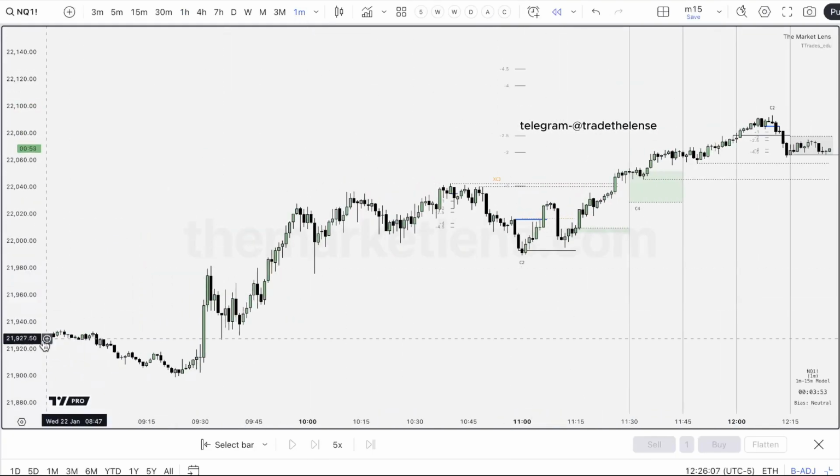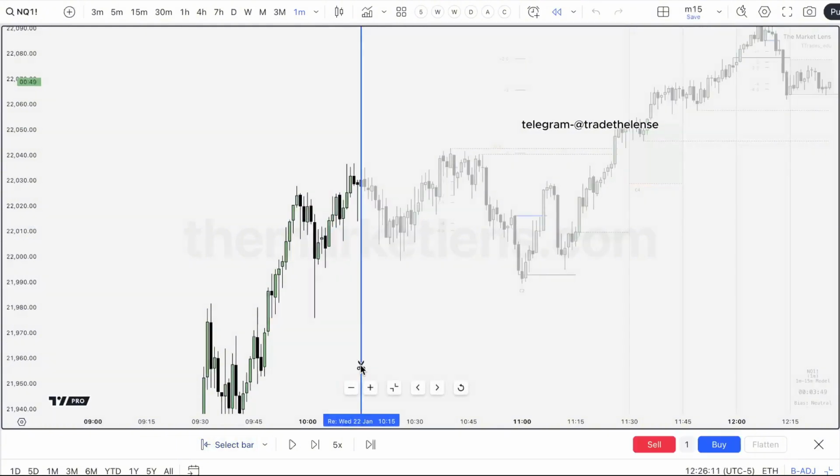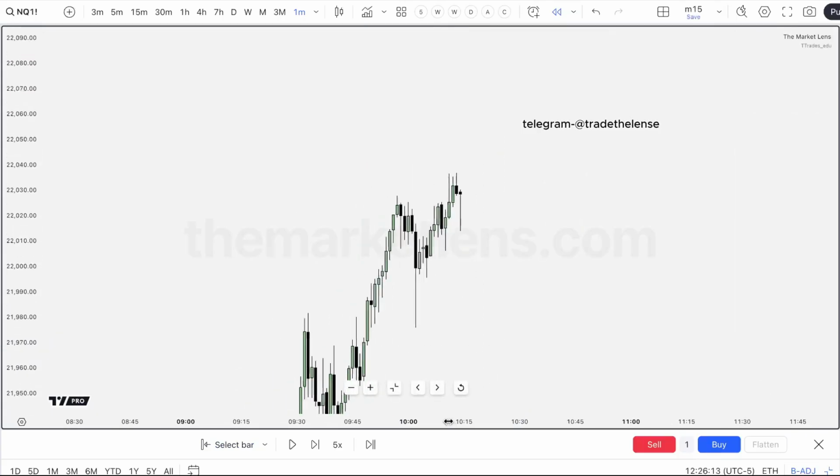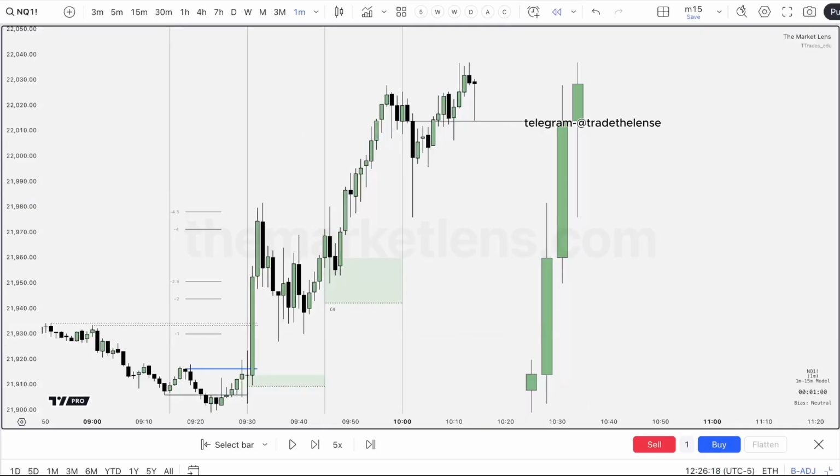And 15. Okay, I'm a little confused here. Fractal model on the 15-1, would you have to wait for the 15-minute to come back to the OB at 10:45?